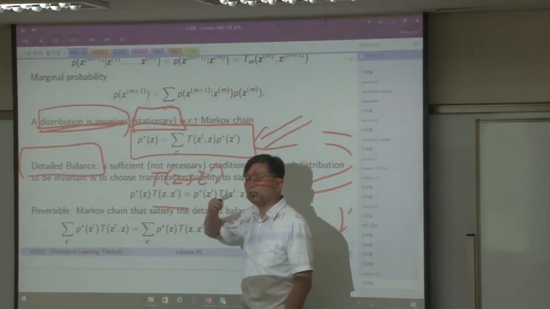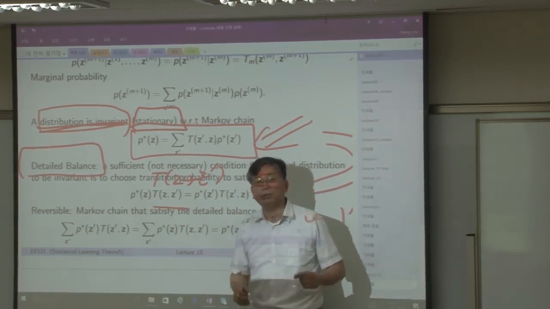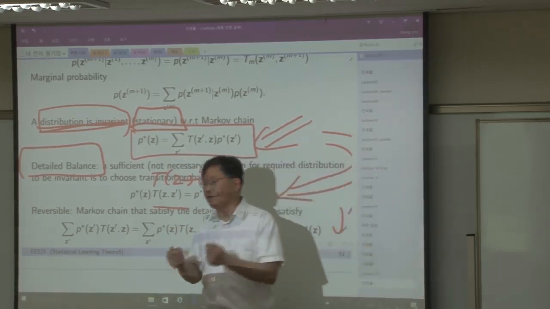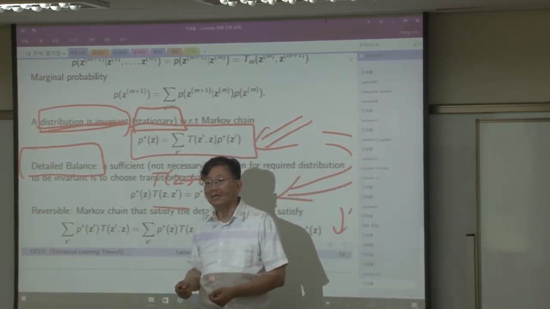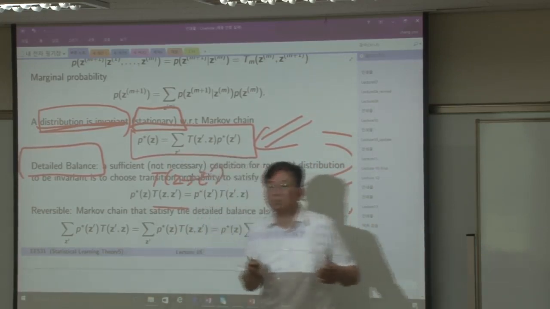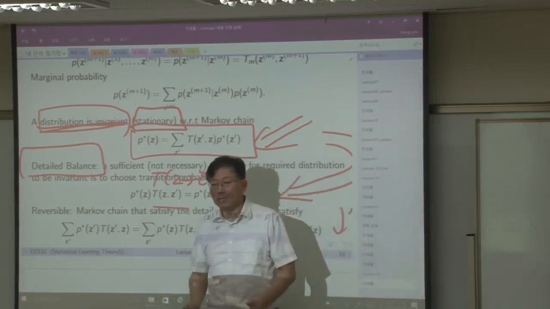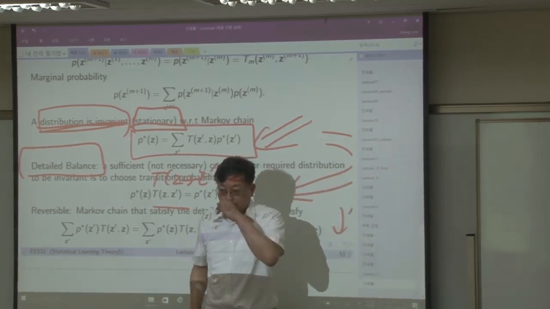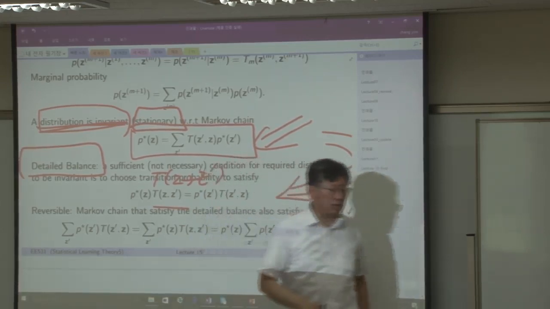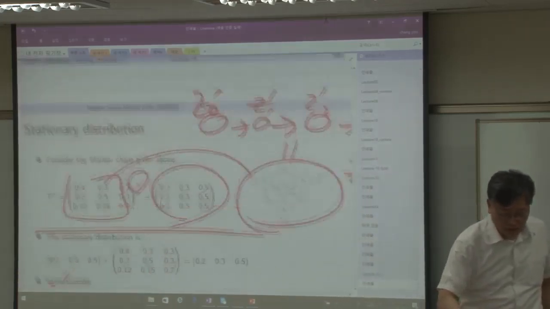If the distribution has to be stationary, meaning that I move to another state, then that probability has to be the same as the probability before, right? Let me just show you this again, right here.